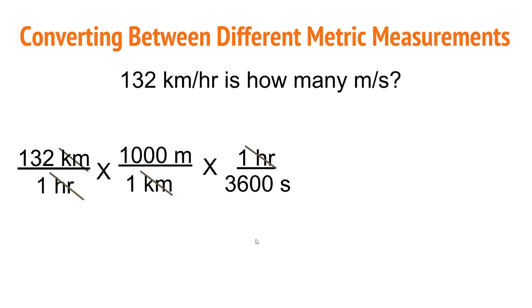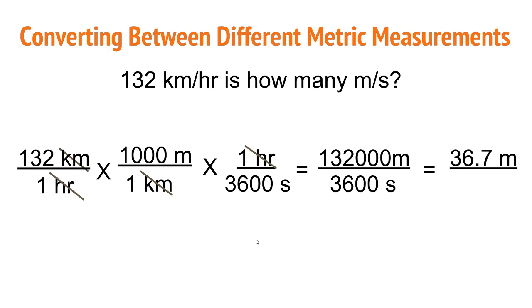Okay, so I'm left with just meters and seconds. I go 132 times 1,000 times 1, that gives me 132,000. Then 1 times 1 times 3,600 is 3,600 seconds. I have to convert it to 1 second. So 132,000 divided by 3,600 is 36.7 meters per second. That's how fast a volleyball spike travels, which is pretty fast.